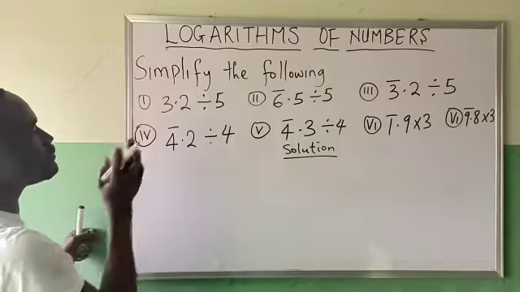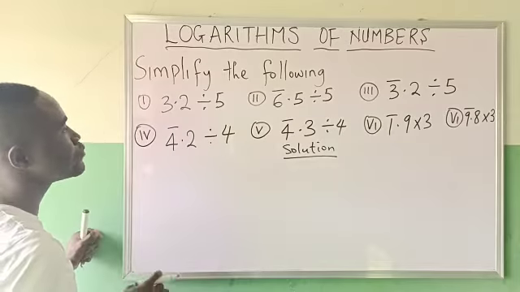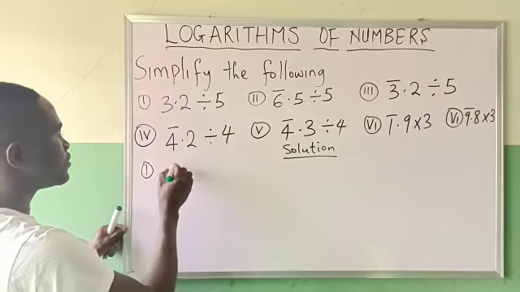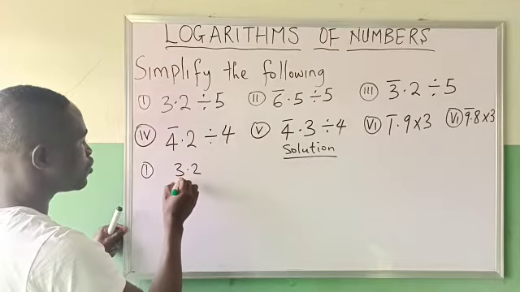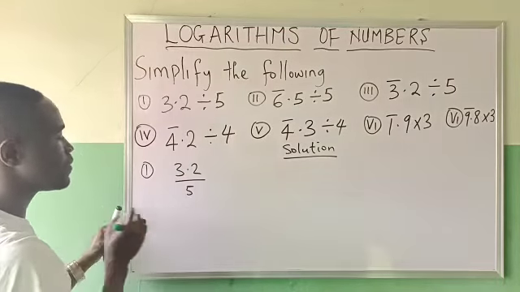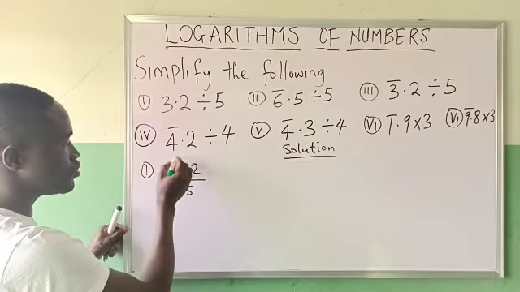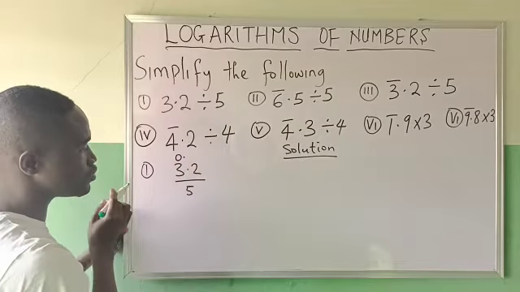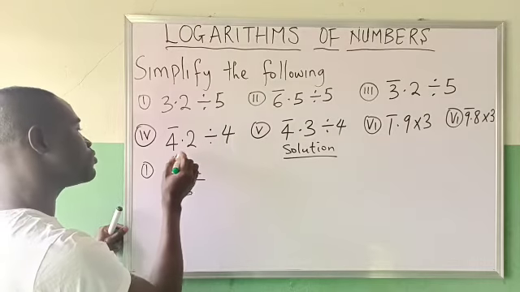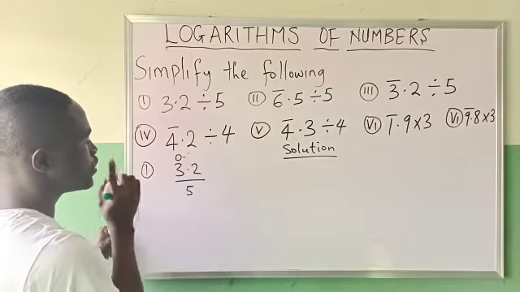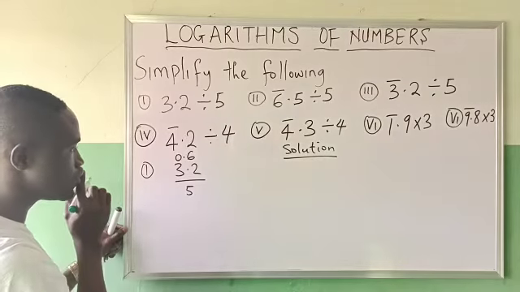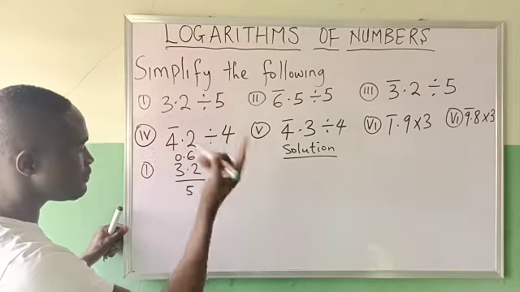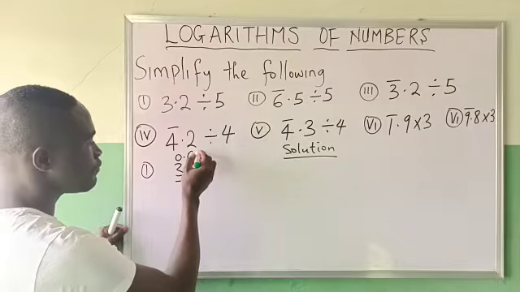Now this one is positive number, for instance. To simplify this positive number, you say 3.2 all over 5, right? 5 divide 3, it cannot, you write 0. 5 divide 32, you merge this 3 and 2, it becomes 32. 5 divide 32, it will give you 6 remainder 2. 5 divide 2, it cannot, you attach 0 to that 2. 5 divide 20, it becomes 4.